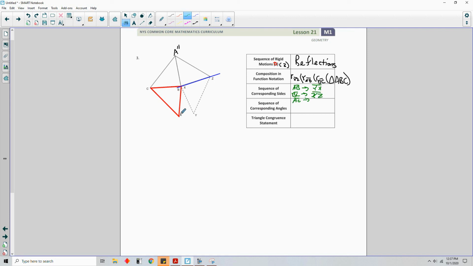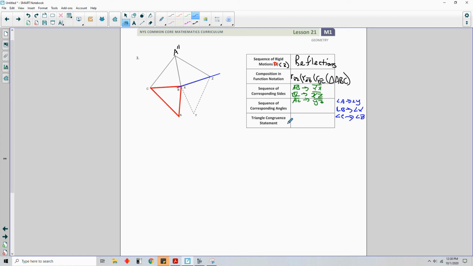And AC is YZ. Okay. Corresponding angles I'll do over here because I'm running into this box. Angle A becomes angle Y. Angle B becomes angle X. And angle C becomes, C's out here, would come over here, angle Z.